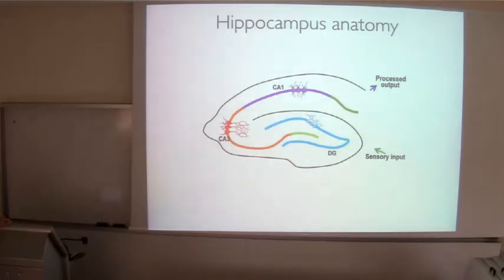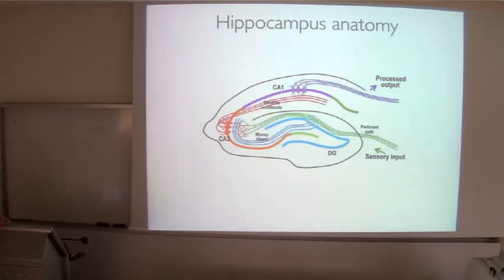There are three major excitatory neurons in the hippocampus: the dentate gyrus neurons here, the CA3 pyramidal neurons here, and the CA1 pyramidal neurons over here.